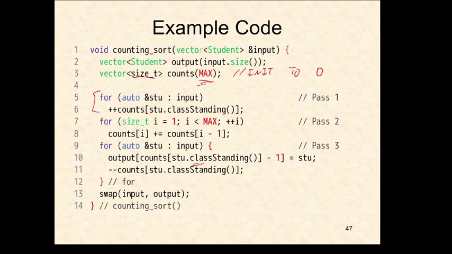Pass 2 is I'm going to figure out, because I've already got the counts, these are cumulative endpoints, exclusive.